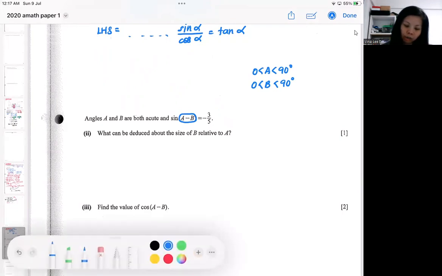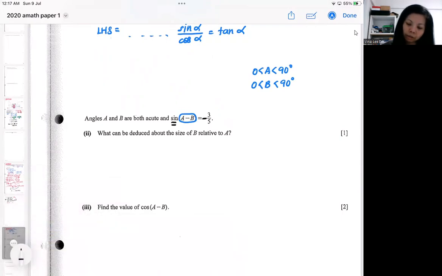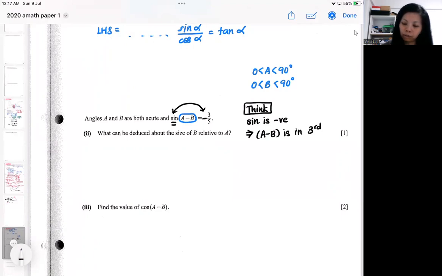So we have to think about our ASTC. Sine is negative. So you need to go through some thinking process first. Sine is negative, that means this could be in the 3rd or the 4th quadrant.